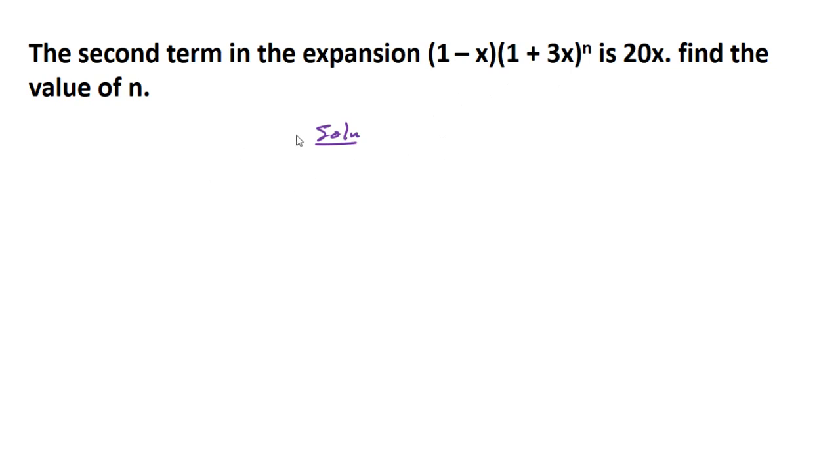Okay, so one thing you need to understand is that we have (1 minus x) and (1 plus 3x) to the power n. In this case, this is your first part, which is already worked on, and this is your second part.